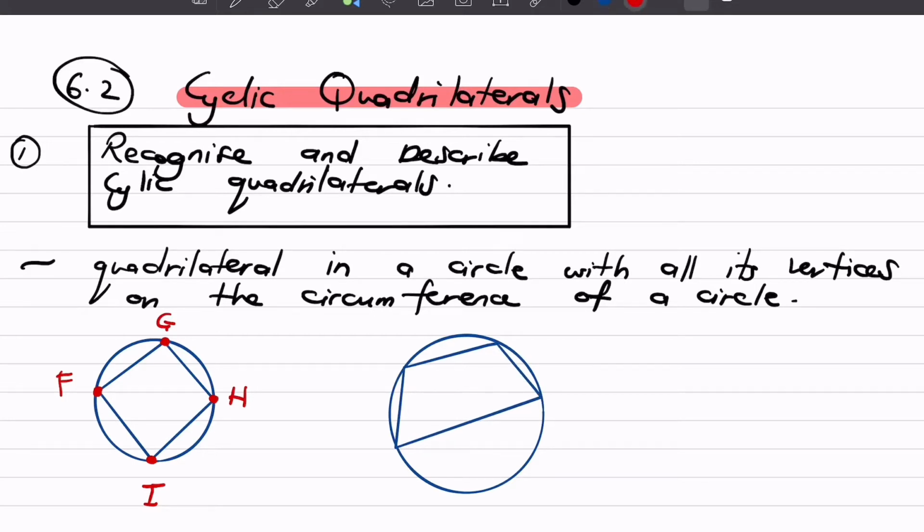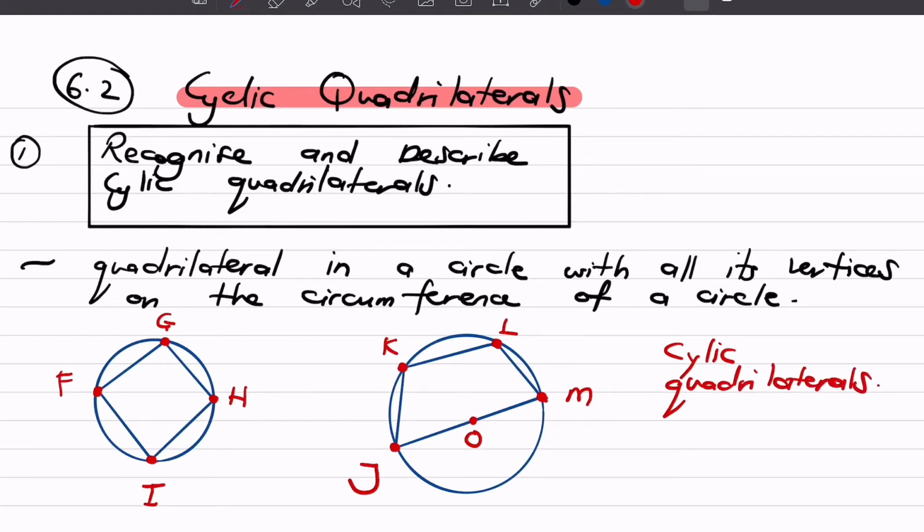All these points are the vertices. So we can label this as K, this as L, this as M, this as J, and this is the center point O. Okay, so this is what we call a cyclic quadrilateral.